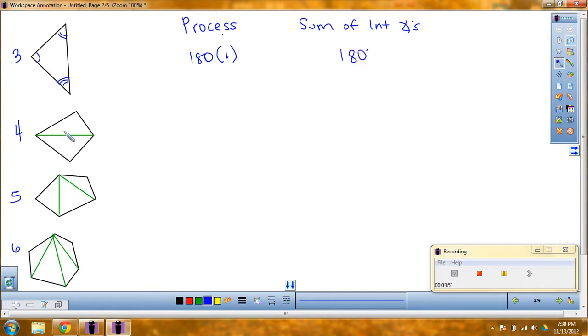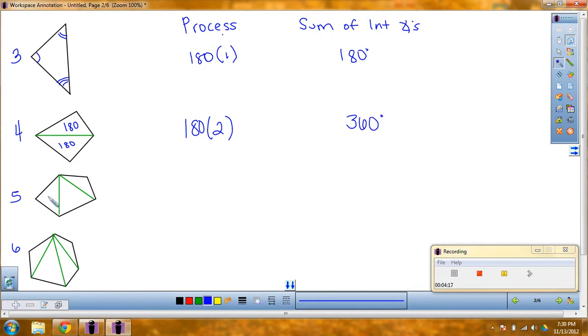Now, over here, our quadrilateral, our diagonal from one vertex to the other gives us these two triangles. We know that this triangle is 180 degrees and this triangle is 180 degrees. So 180 degrees times 2 gives us the sum of the quadrilateral, which is 360 degrees.